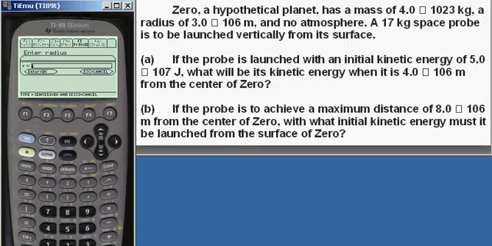Radius again is alpha 3 double E to the 6 meters, number 3. The distance is given in this one, alpha 8 double E to the 6 meters, number 4.